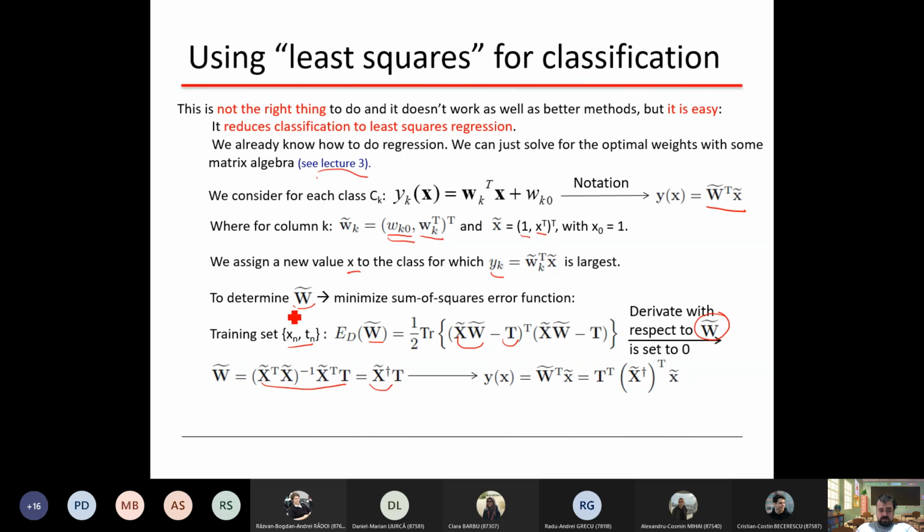Once we have the values of W tilde, we can compute y of x for any new point as W tilde transposed multiplied by x tilde. This translates to T transposed multiplied by pseudo inverse transposed multiplied by x tilde. And once we have the value of y of x, we know the class of this new point.